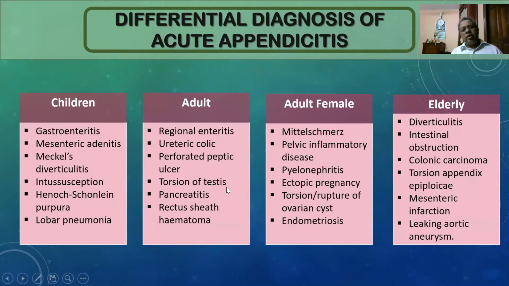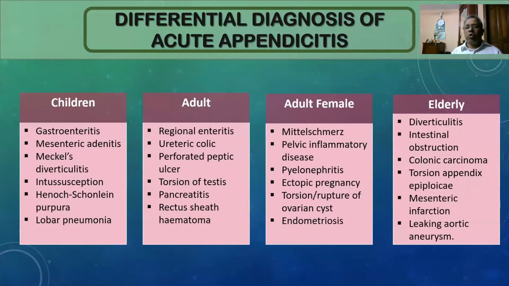Torsion of the testis you must remember. It is a very important thing. A lot of consultants can misdiagnose because we are more oriented towards the abdomen and not towards the genitalia. Whenever a male patient presents with right iliac pain or abdominal pain, always examine the scrotum, otherwise you can miss it.